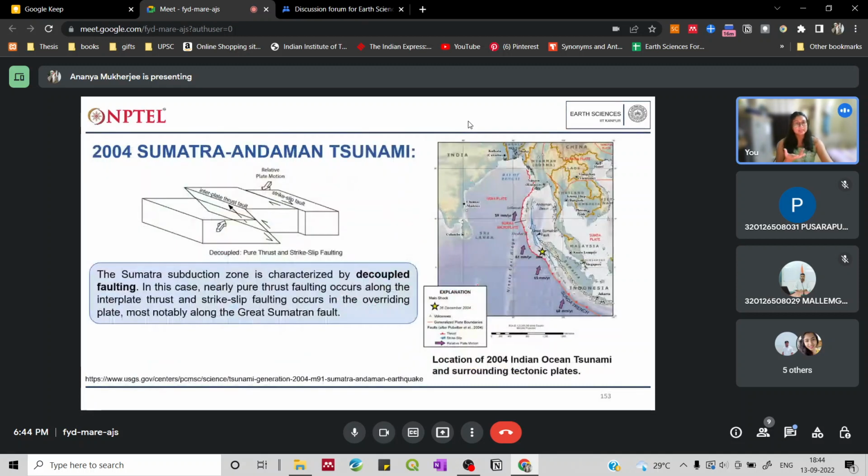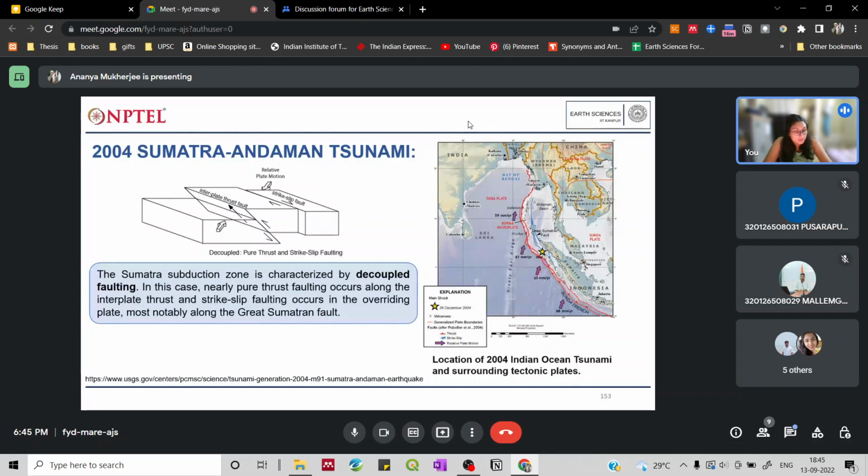Now the next example, the second largest, I think a magnitude 9.3 earthquake, was caused along the Sumatra Andaman area, the fault over here. Over here you can see the red line traversing.